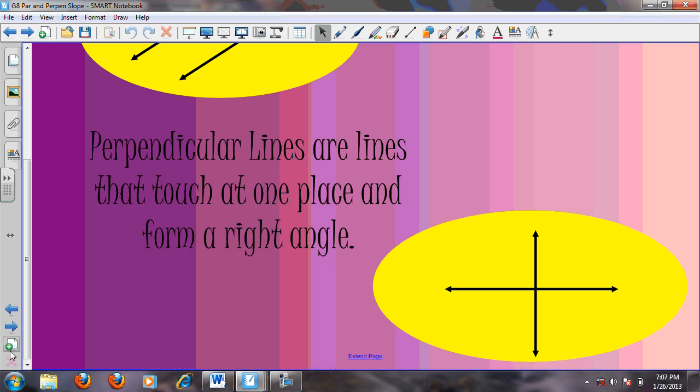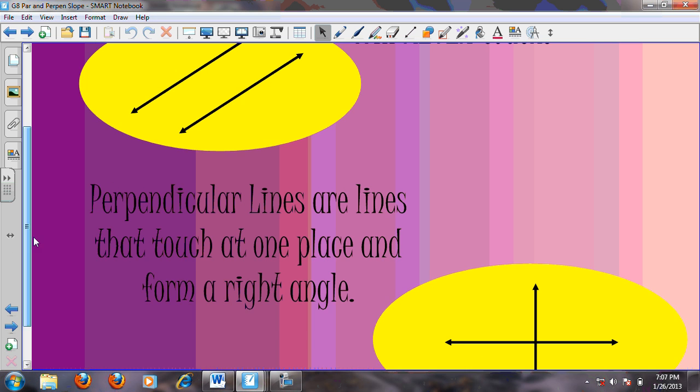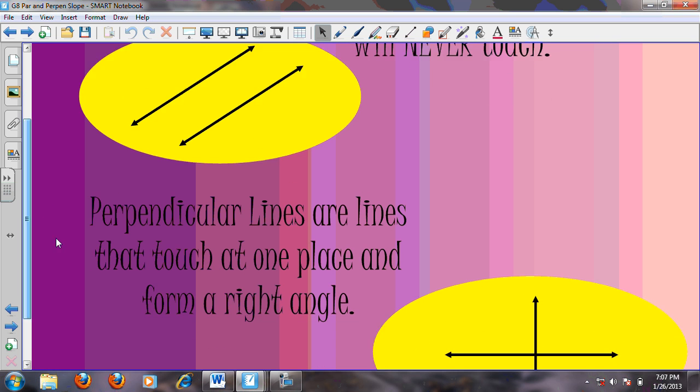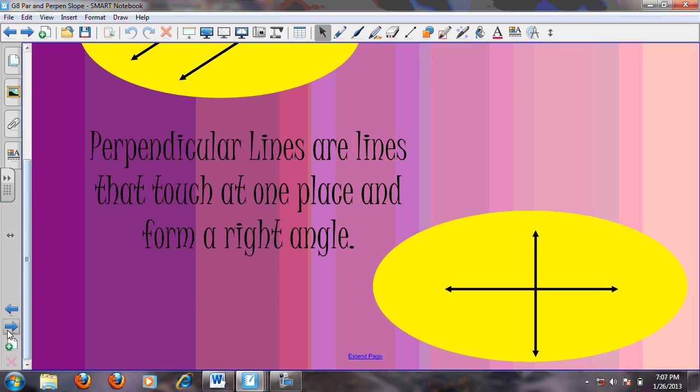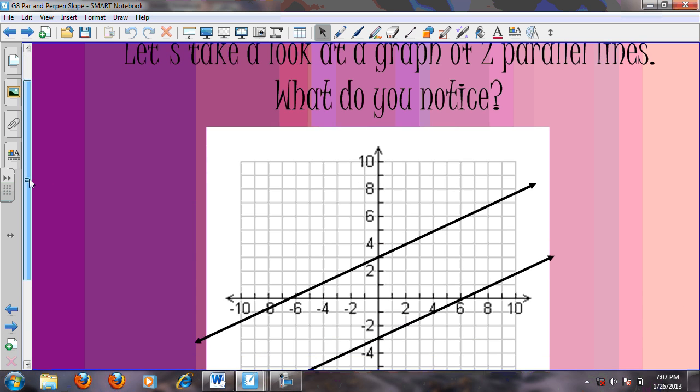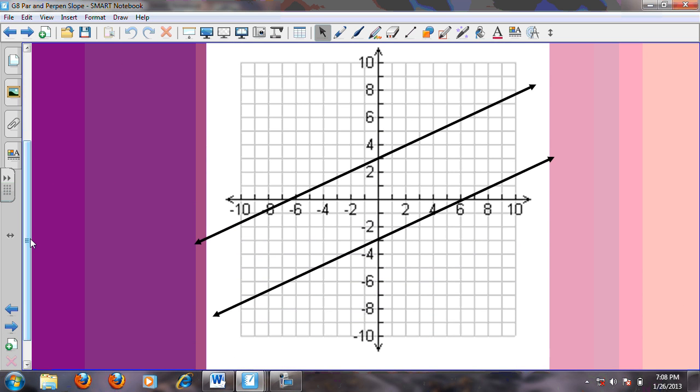Okay? We're going to talk about if you would have a graph that had two lines on it, and they were parallel, or two lines on it and they were perpendicular. Let's look at parallel lines on the graph. First of all, what are some things you notice about these parallel lines? Okay, Nathan, yes.